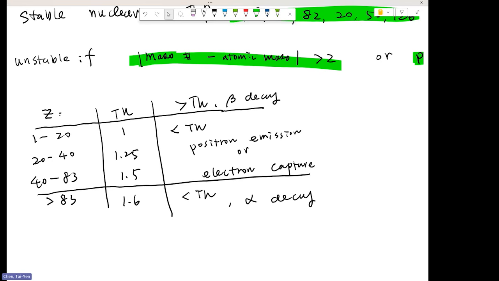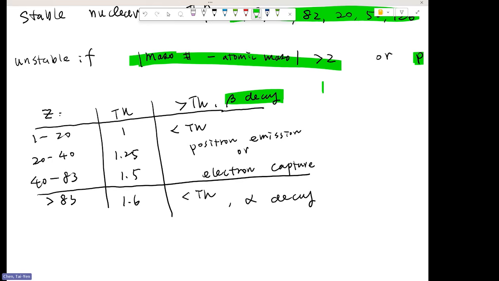If you calculate your neutron to proton ratio and it's larger than the threshold, the atom is going to undergo beta decay, meaning you produce an electron on the product side.